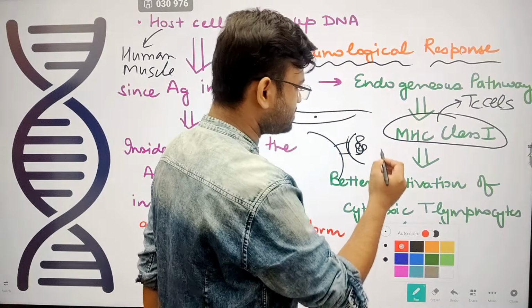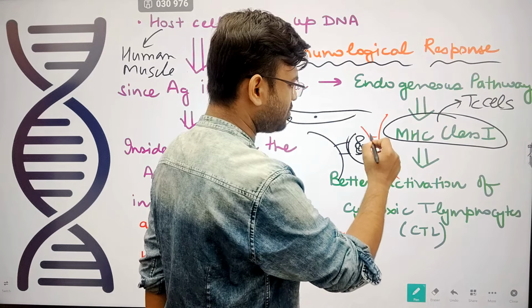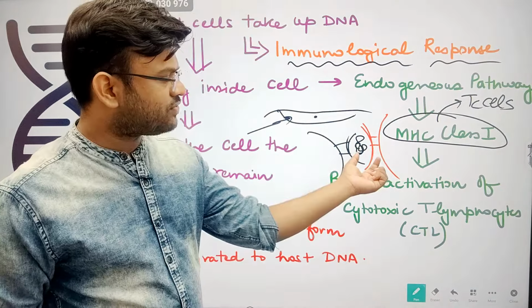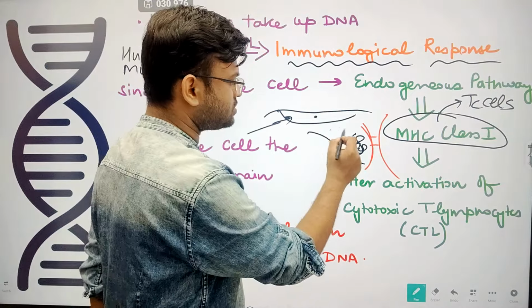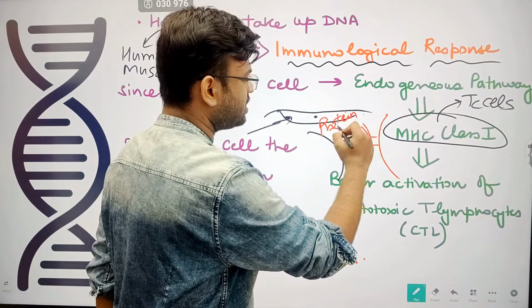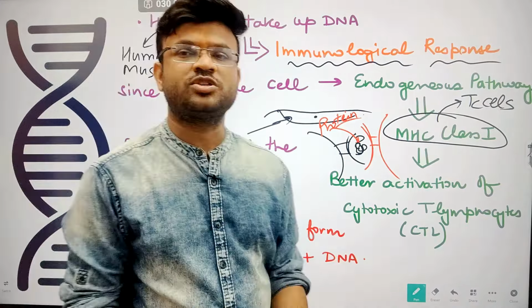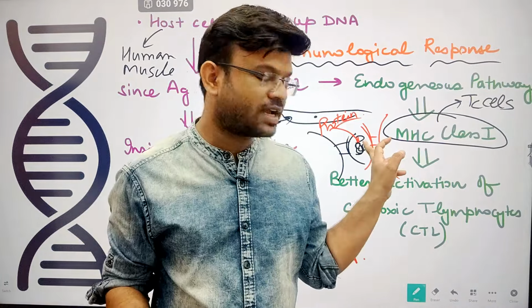Let me just draw it like this. Let us say this is a TC cell. It will come over here, and with the help of the TC receptor, it will identify this particular protein, not pathogen, this is a protein. This protein has a foreign origin, and now an immune response will be mounted not against a pathogen, but only against the protein.